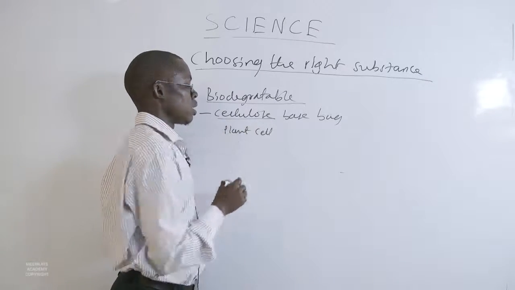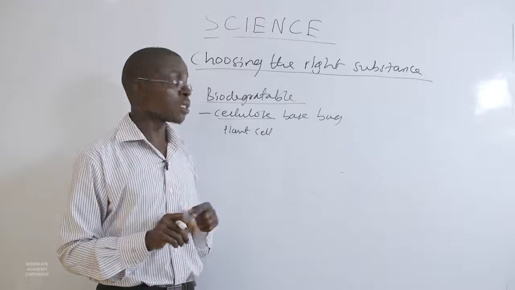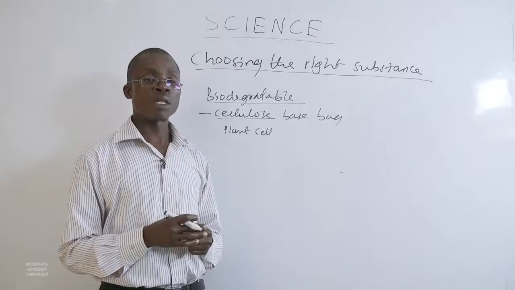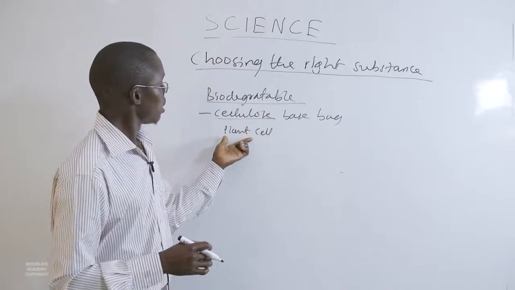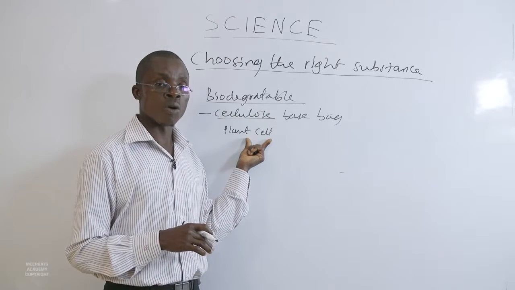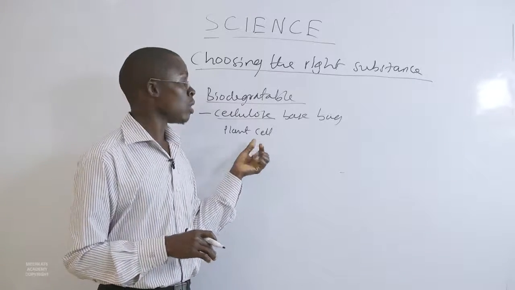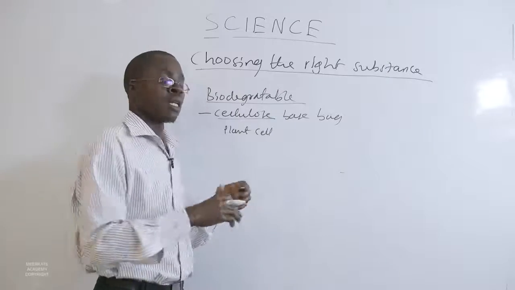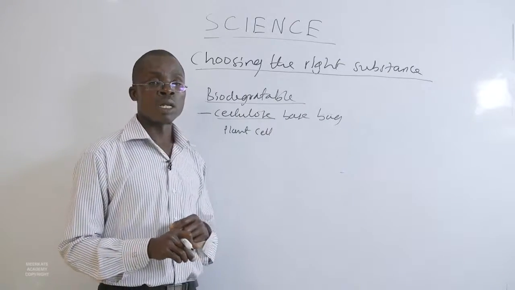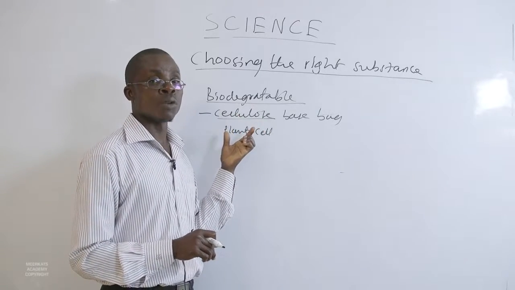In biology, as a branch of science, you will learn cells, and we have animal cell and plant cell. So, plant cell has a cover, what we call a cell wall. That cell wall is made of a material called cellulose. So it is that cellulose that has been used to make that bag. This is what I've called a biodegradable shopping bag.